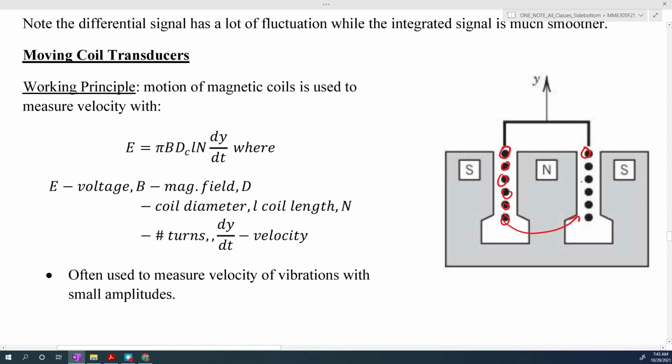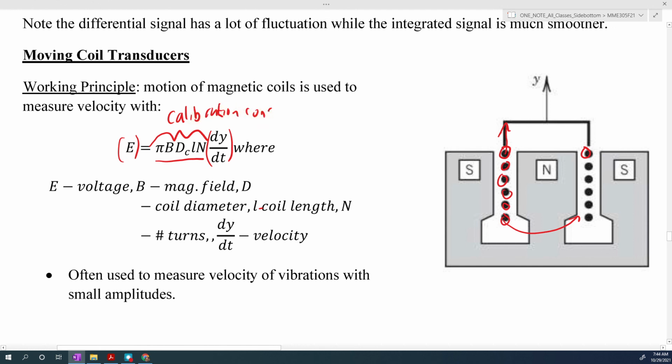As these coils move up and down, that creates a change in the voltage output, which is proportional to the applied velocity and some constants. The constants are the magnetic field, the coil length, the coil diameter, and the number of coils. Basically this term here is your calibration constant.